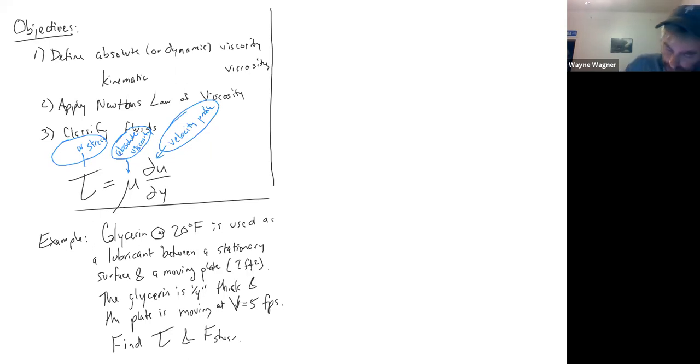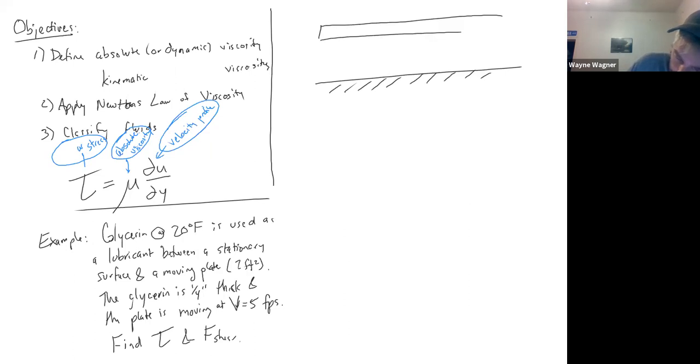Okay, a lubricant between a stationary surface and a moving plate. Here's a stationary surface. Here's a moving plate. The moving plate has this 2 square feet, that's an area, this area right here, 2 feet squared.